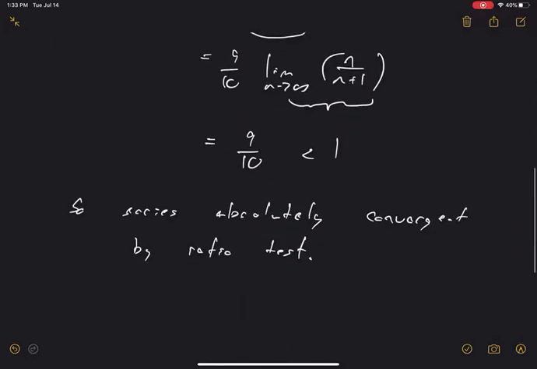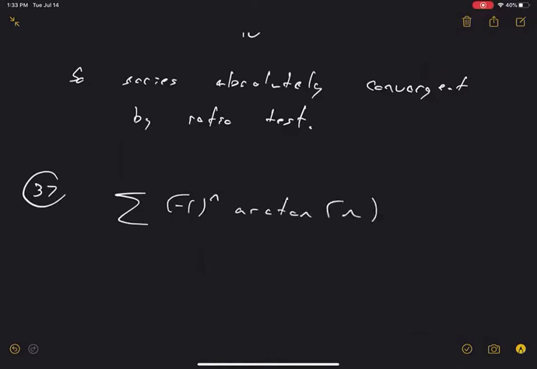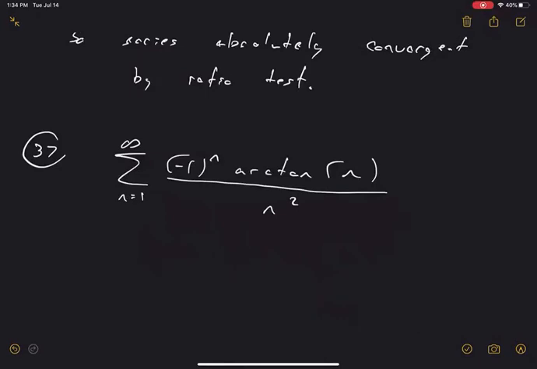Let's try 37. It looks interesting. I hope I can do it. Let's try the ratio test again.